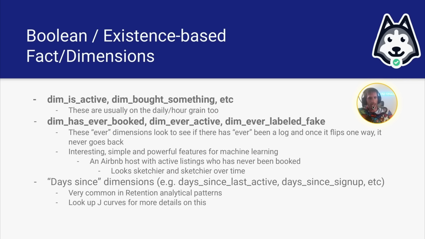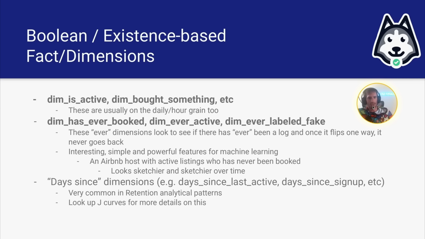You also have things like dim has ever booked. These are great where it's like, did they ever show up? Were they ever labeled fake? That was dim ever labeled fake, a dimension I had at Facebook when I worked on the fake accounts table. That one was essentially a feature, because a lot of times, if an account is ever labeled fake, that is a very strong indicator of how that account is going to behave over the long run, even if it gets unlabeled fake.